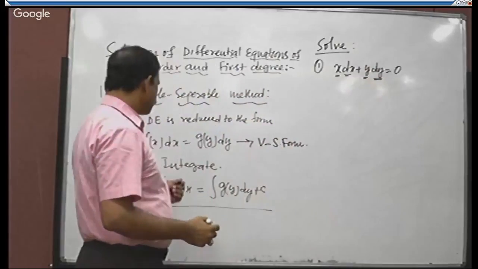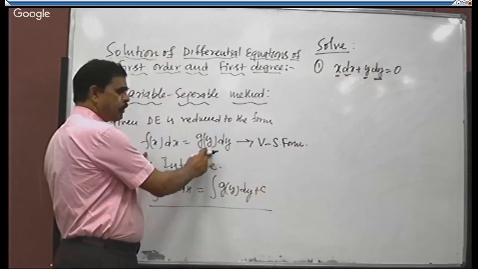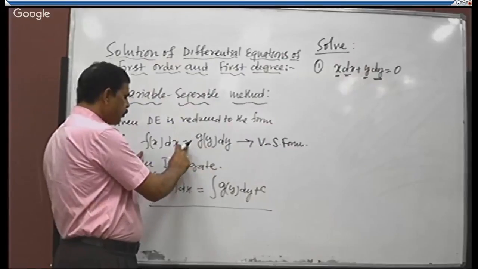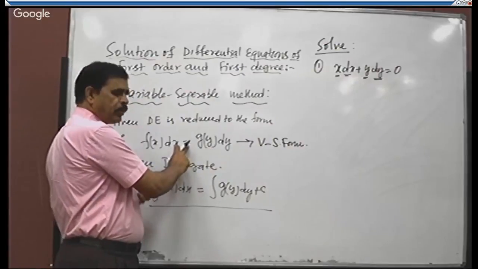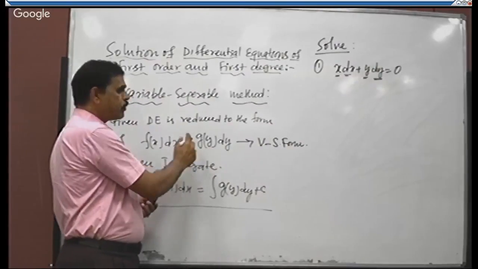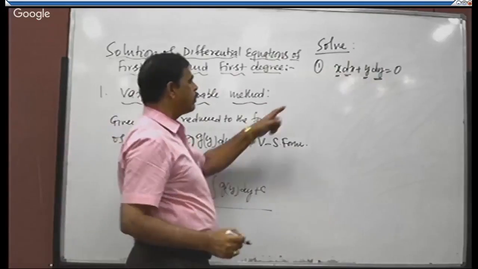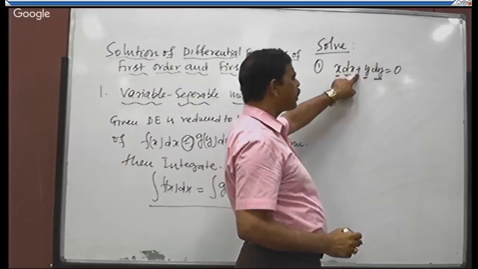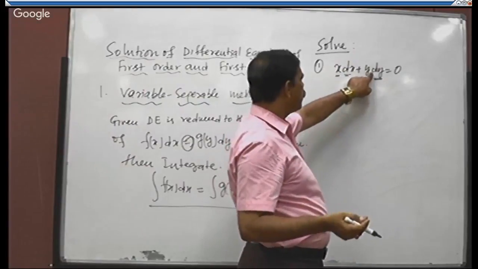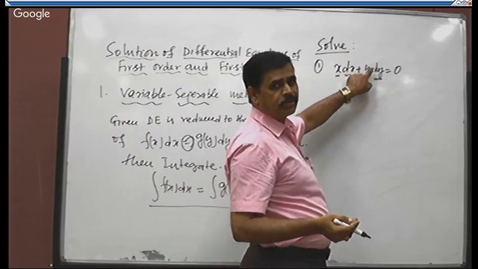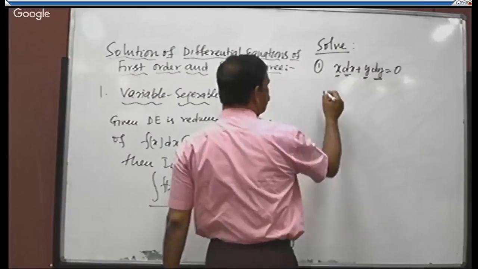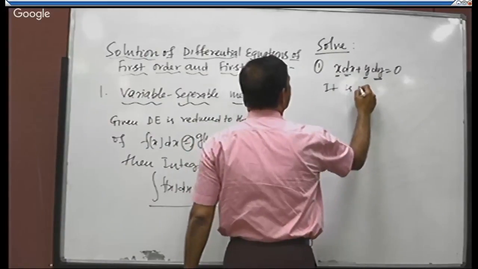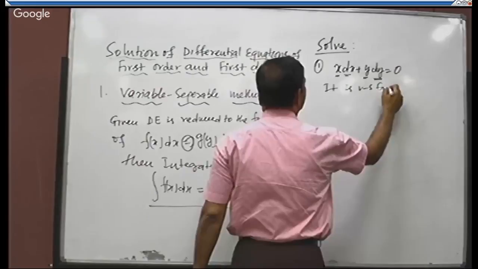Don't think that we should be always in this form, right? So this may be the plus or minus or is equal to symbol. See, all x are collected with dx plus or minus or is equal to all y should be collected with dy. This is called as variable separable form.